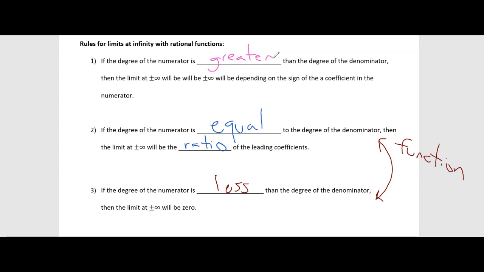So the function will have horizontal asymptotes at those values as well. So the values of the limits.